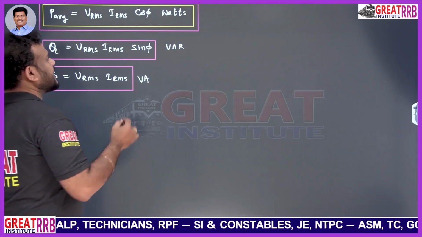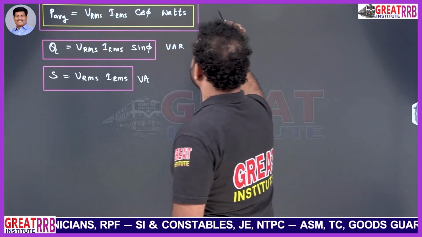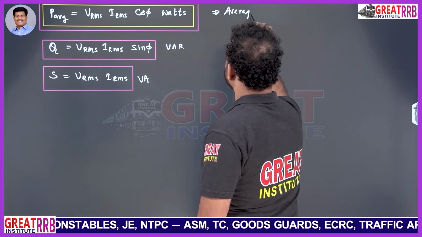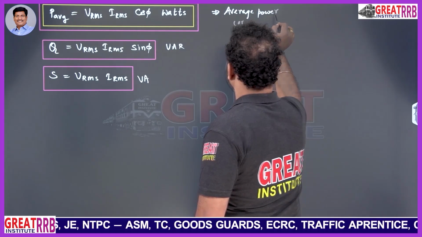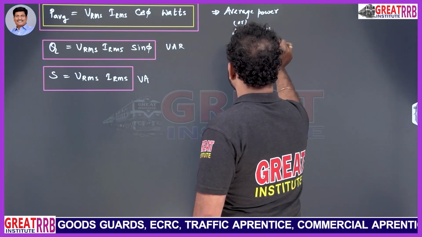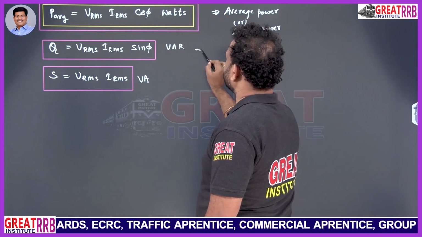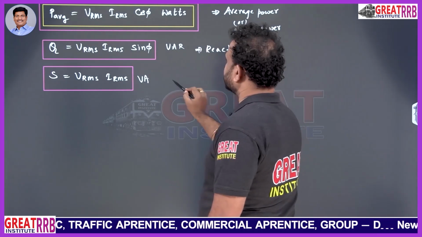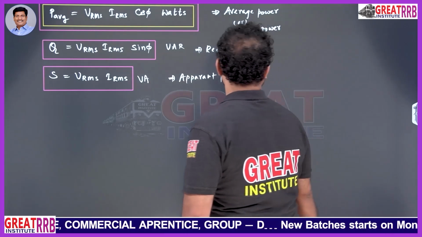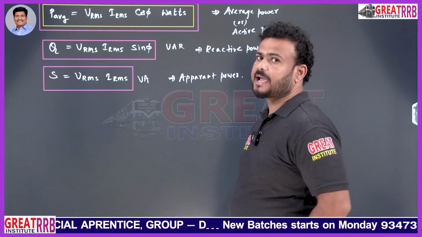So this is the average power, which is nothing but active power or true power. Similarly, this is the reactive power, and this is called the apparent power.